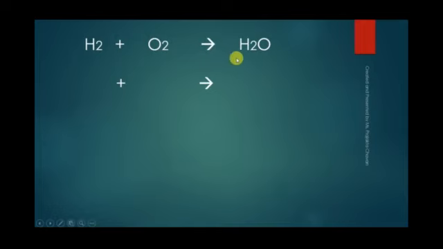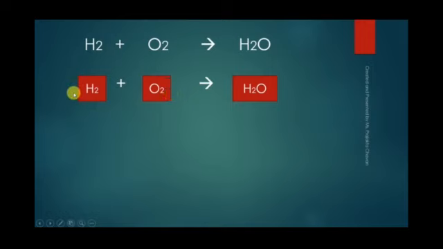In our first step, we are going to start by drawing boxes around the molecules or atoms that are present in the chemical equation. The reason behind this is we are not supposed to write anything inside the box.